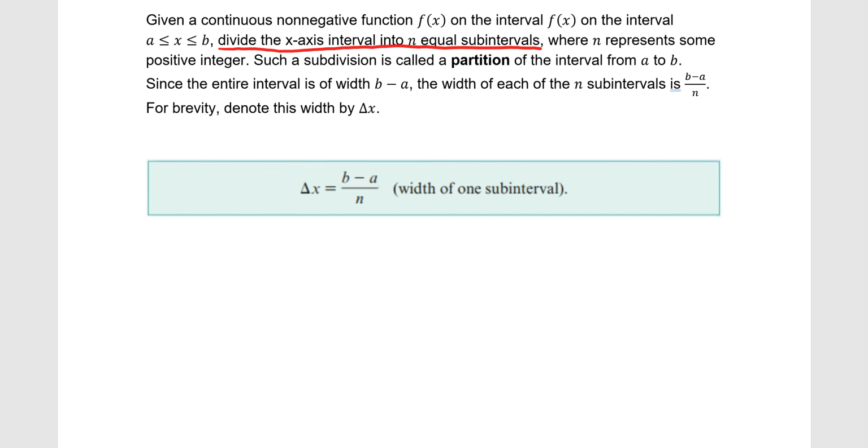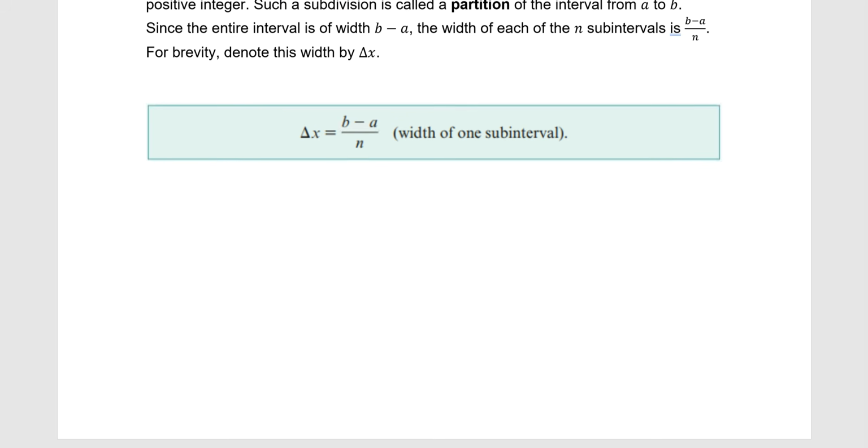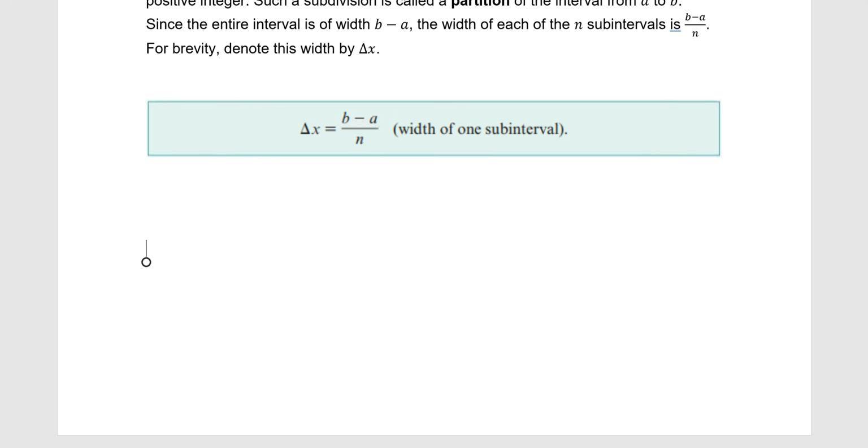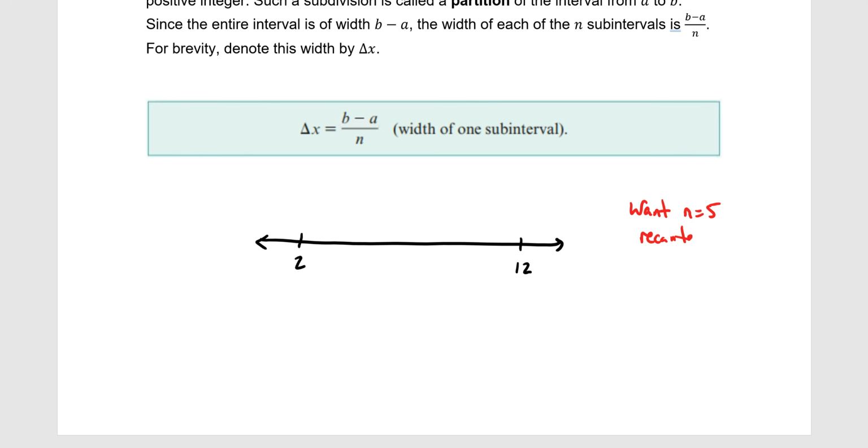So for example, before we take a look at this little definition, let's say we had the interval from 2 to 12, and let's say we want 5 rectangles for this region. We want 5 rectangles.